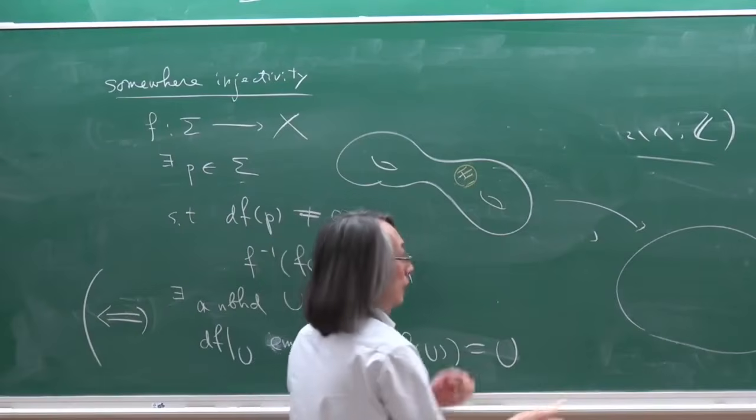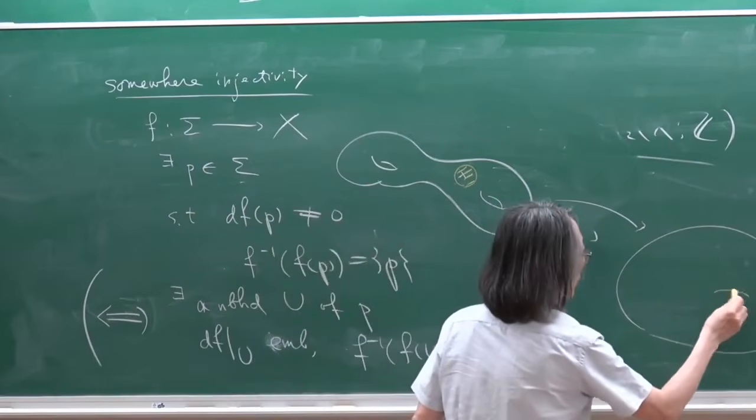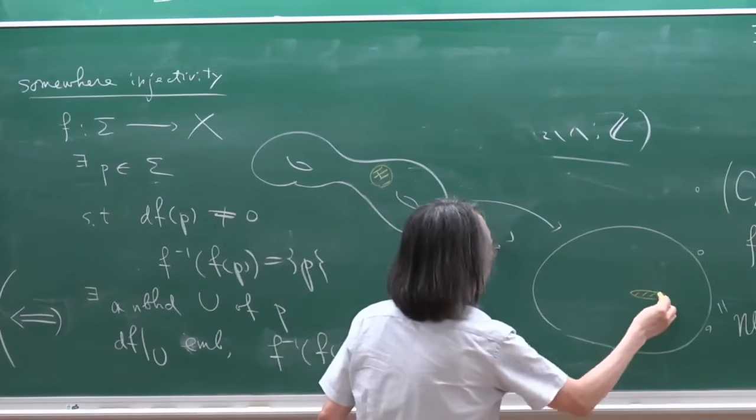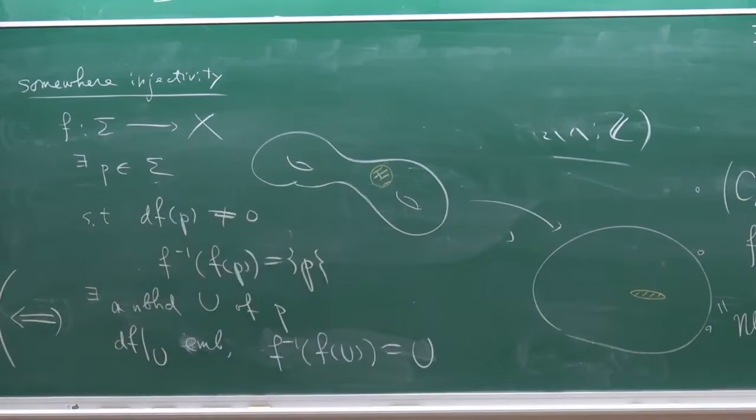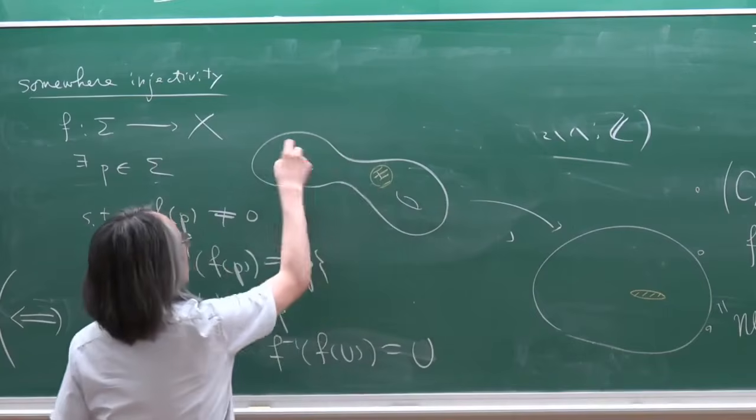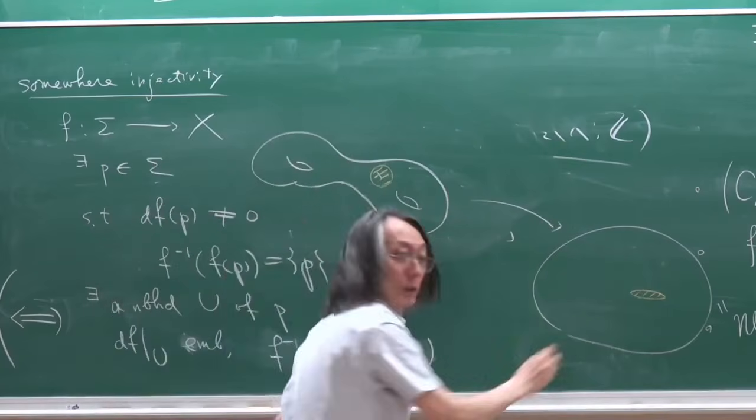And this yellow one is actually a nicely embedded piece of surface, and nothing else is mapped to here.